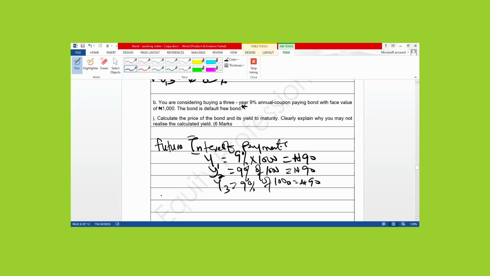Redemption value at maturity. Redemption value in year 3 is 1,000 naira. The question is silent on the redemption value. This is year 1, year 2, year 3, year 3. You can add these two together.